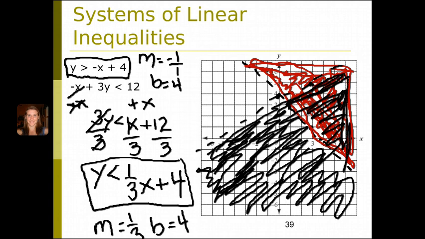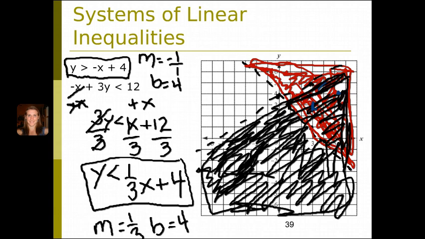So I think you get the idea. Now, I'm going to try to show you what the solution to this system would be. Since it's an inequality, you know that there's more than one solution. This shaded region that has black and red would be considered all the solutions. So all of these points would be considered solutions of this system.